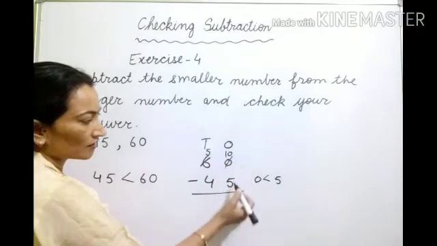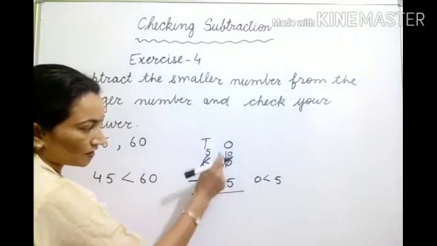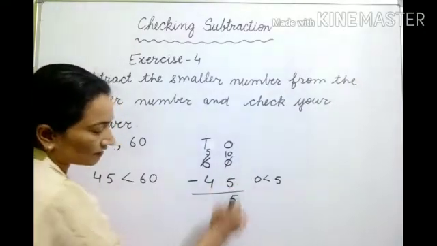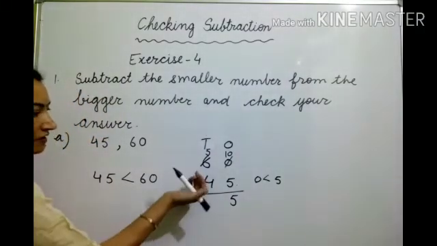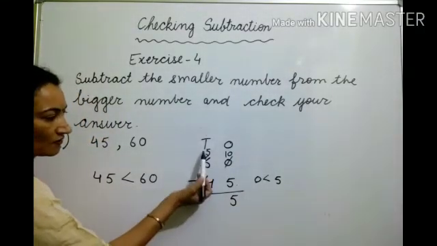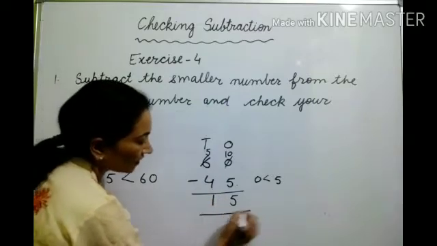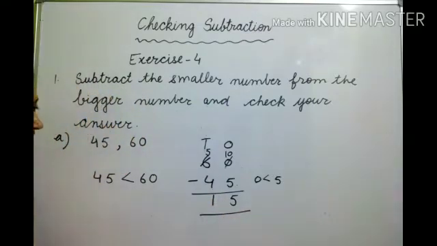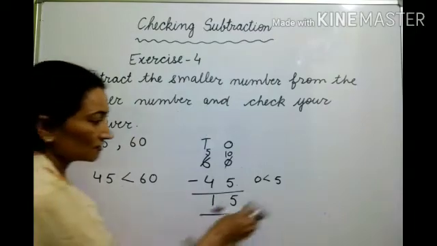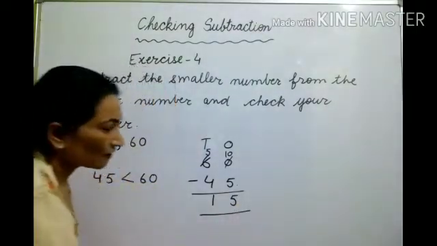So 10 minus 5 we can do now, and 10 minus 5 will be 5. Now we will subtract tens. 5 minus 4 is 1. Now we get our answer, which means we get the difference.